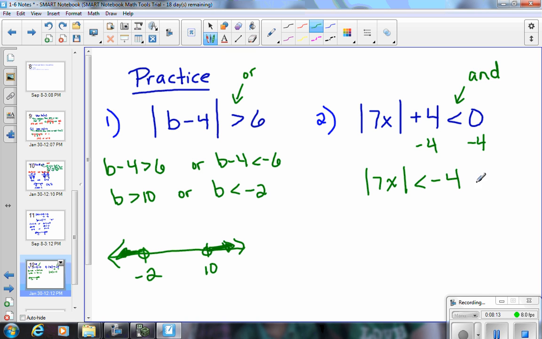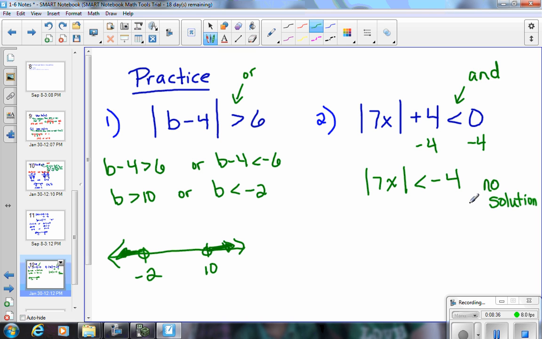So now let's think about this. A distance, remember, think of absolute value as a distance. So it's a distance is less than negative 4. Well, that should kind of send up a red flag because you can't have a negative distance. And this answer is actually no solution. So you have to watch out for problems like that.